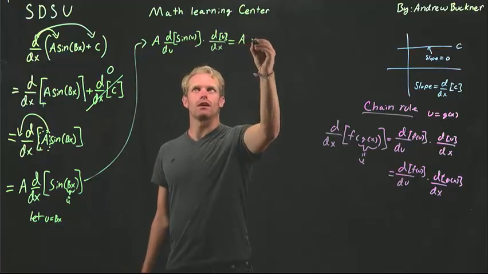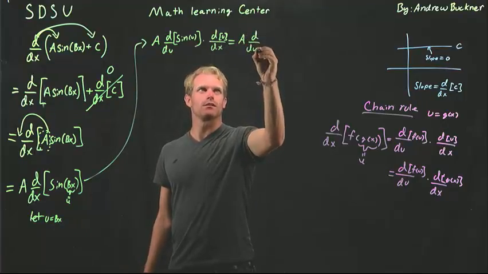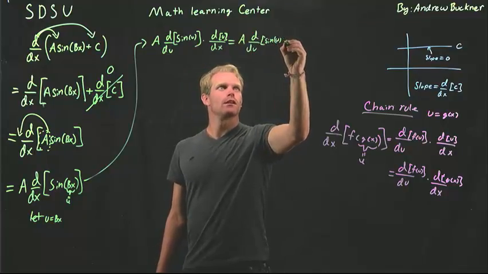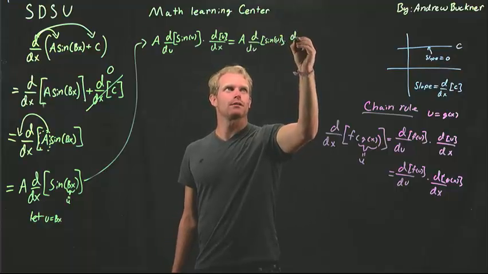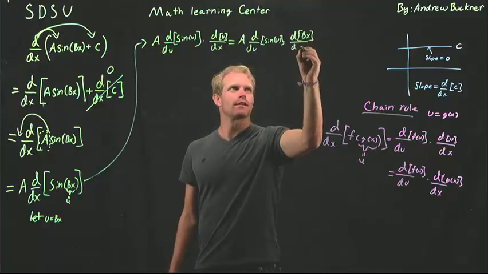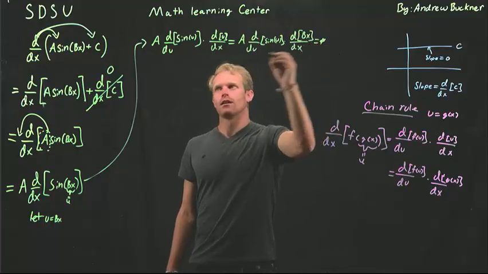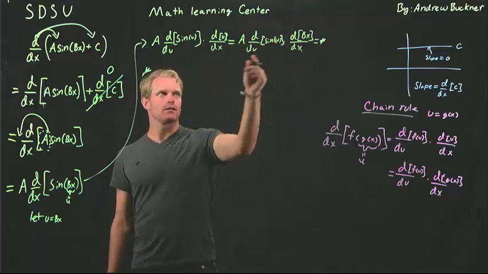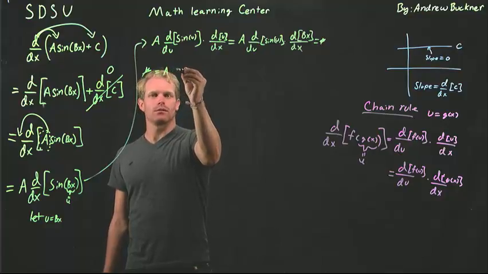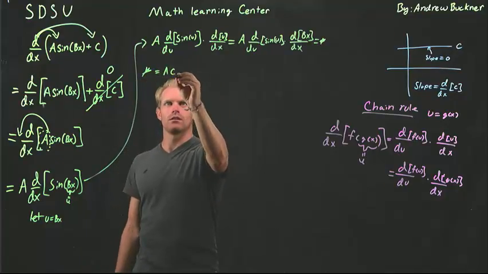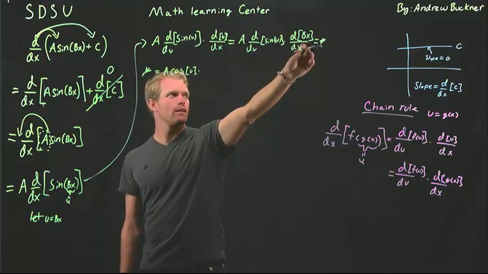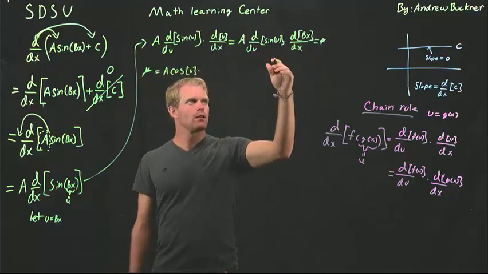So we carry over the a still, the derivative with respect to u of sine of u, and then multiply that by the derivative with respect to x of bx. When we take the derivative of these, I get a, the derivative of sine is cosine, and then I'm multiplying that by the derivative of bx with respect to x, and that's just going to give me a b here.